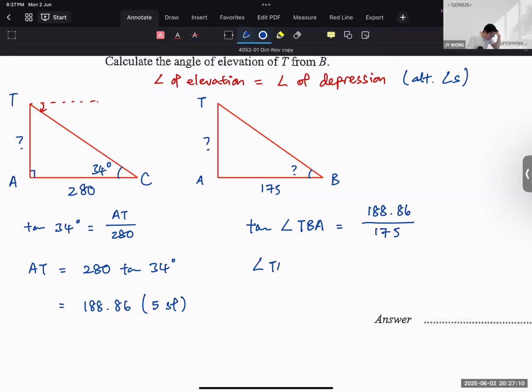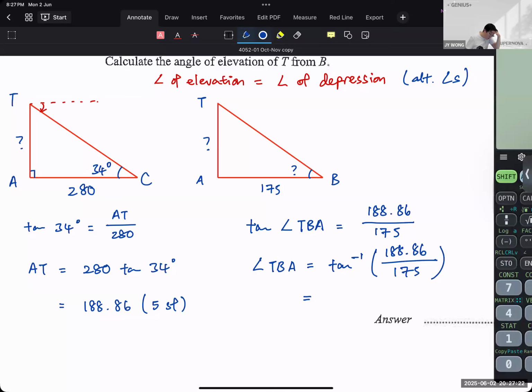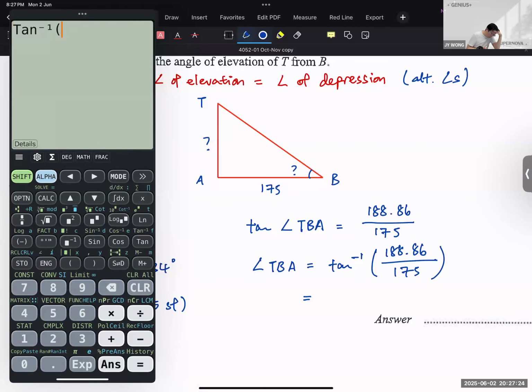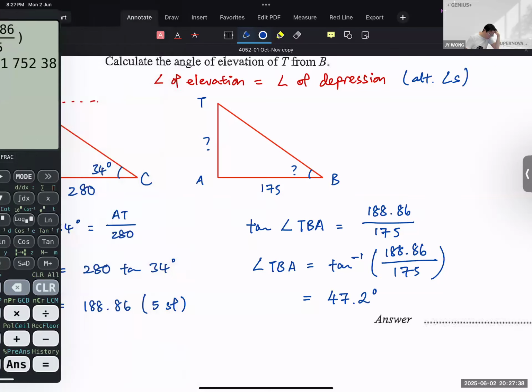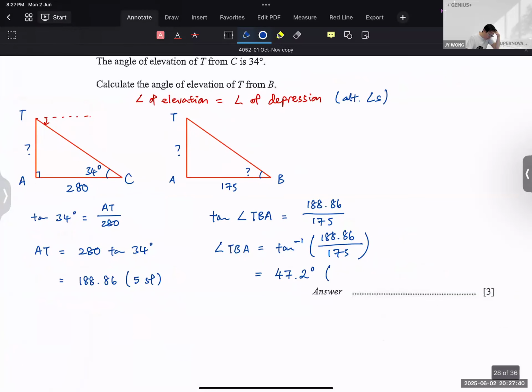And therefore, angle TBA is just tangent inverse. Angles, remember, is not 3SF, it's 1dp.